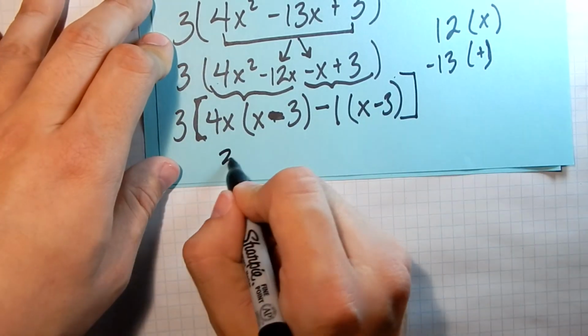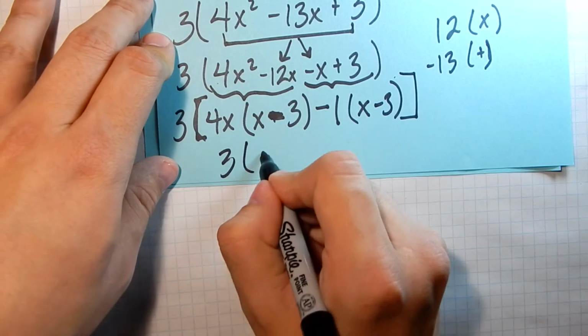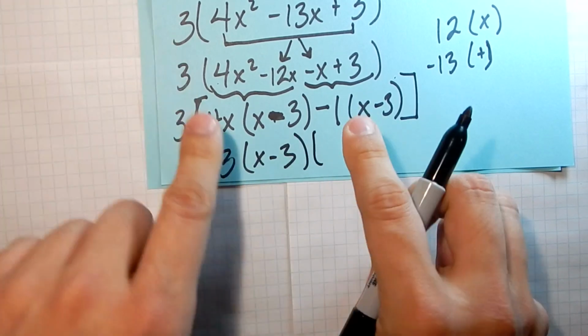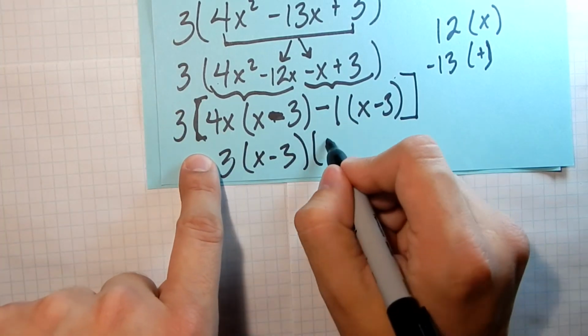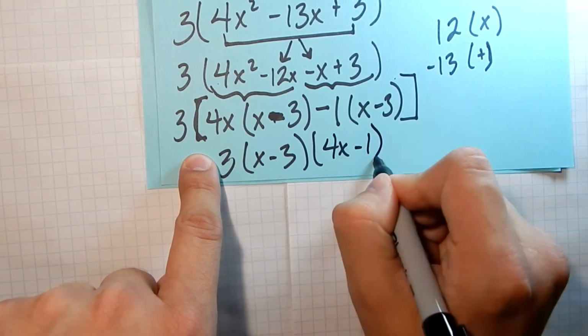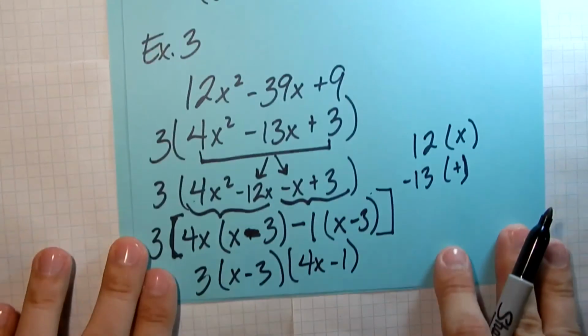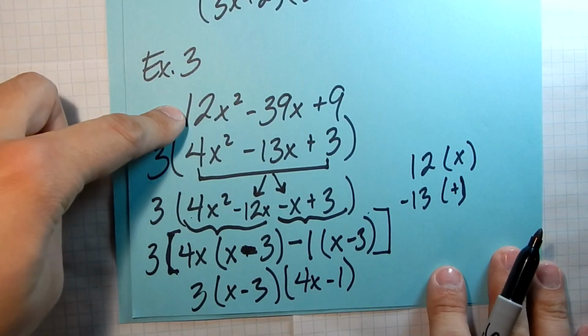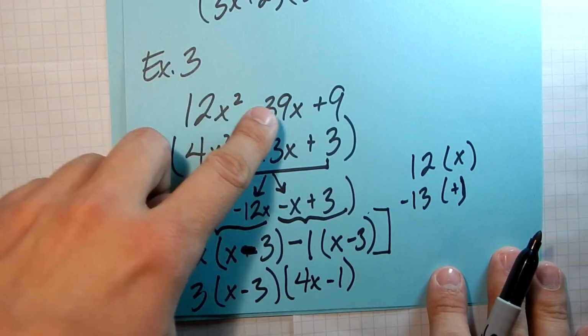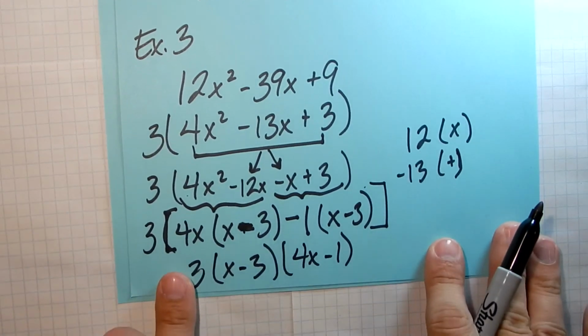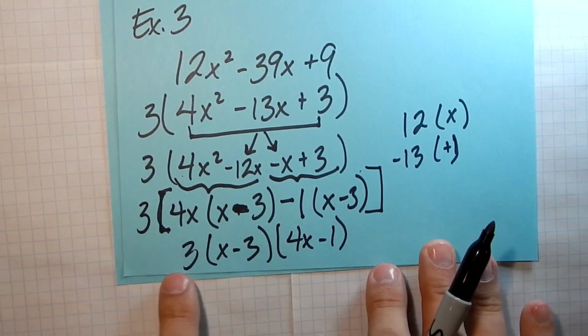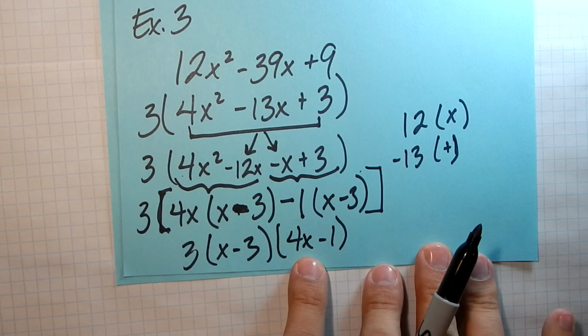So what we're left with is a 3 times x minus 3, and then the stuff that's left over here, so 4x and a minus 1. So this is my factored form of this trinomial. So 12x squared minus 39x plus 9 is going to be 3 times x minus 3 times 4x minus 1.